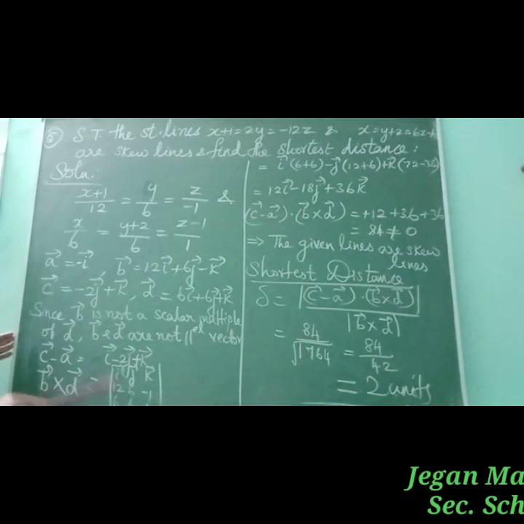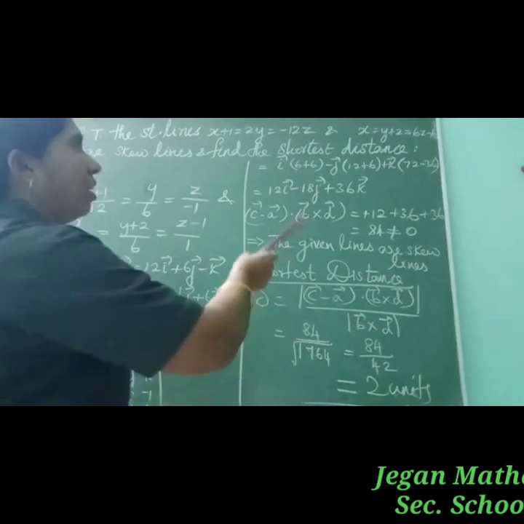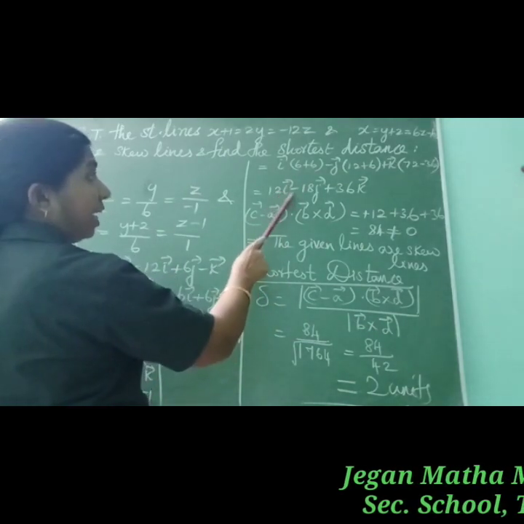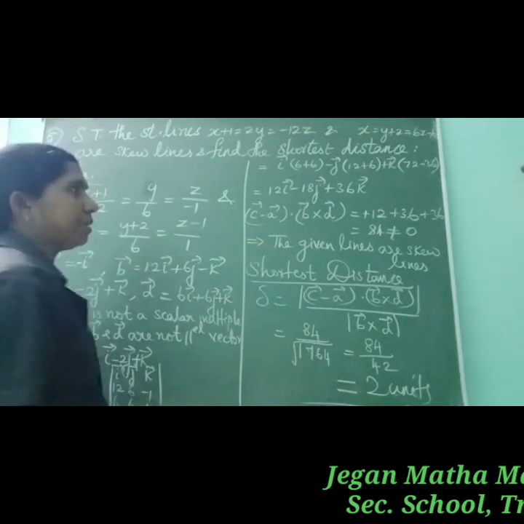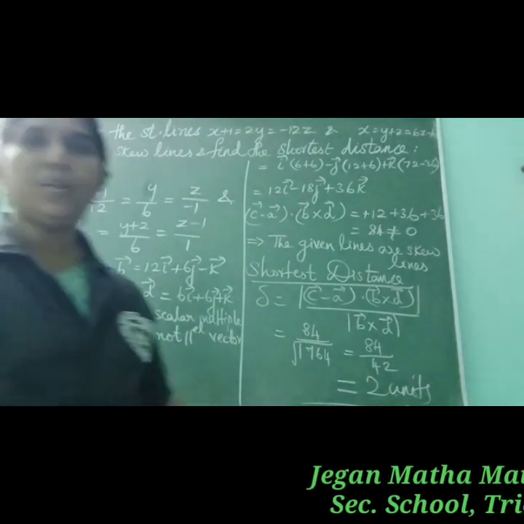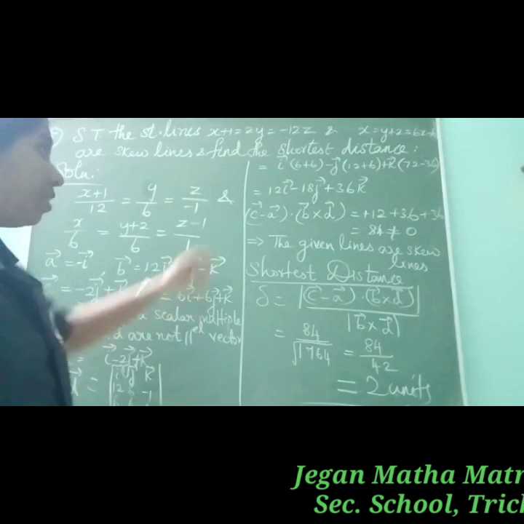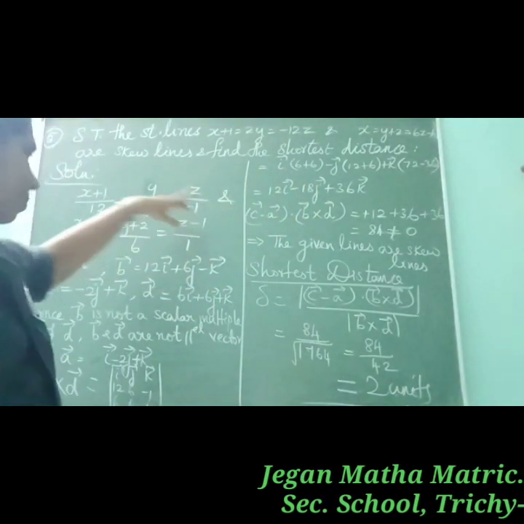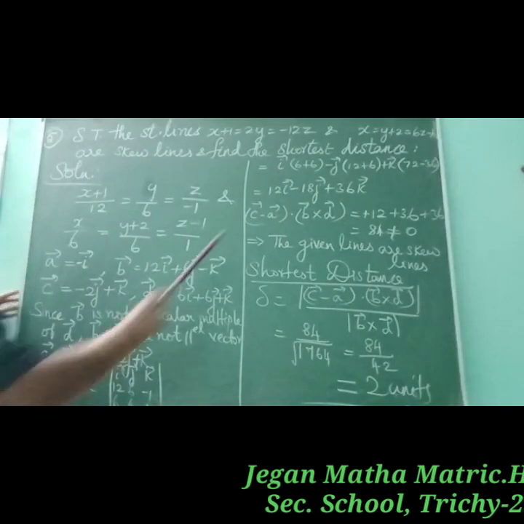Then we have to find out the cross product of b and d. When you expand the cross product of b and d, we get the answer 12i minus 18j plus 36k. After finding these two values, find the dot product of (c minus a) and (b cross d).